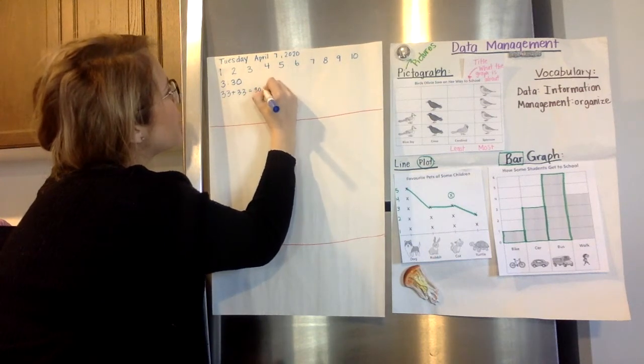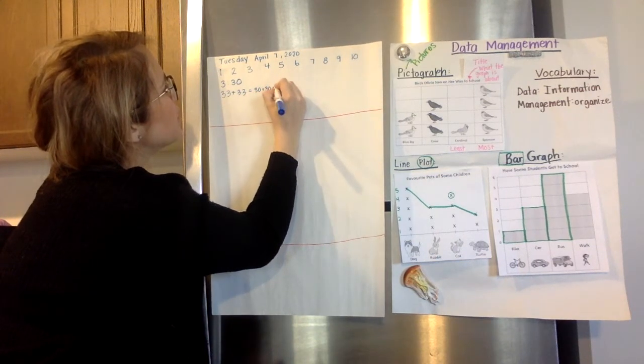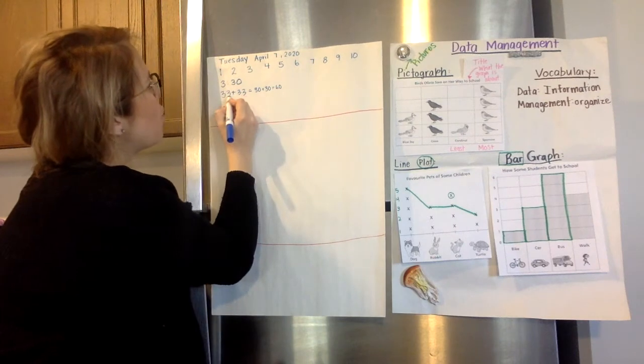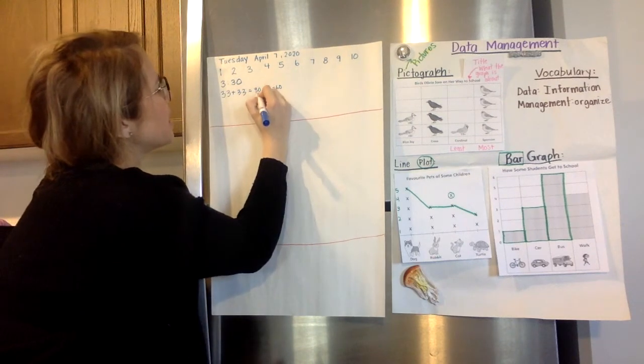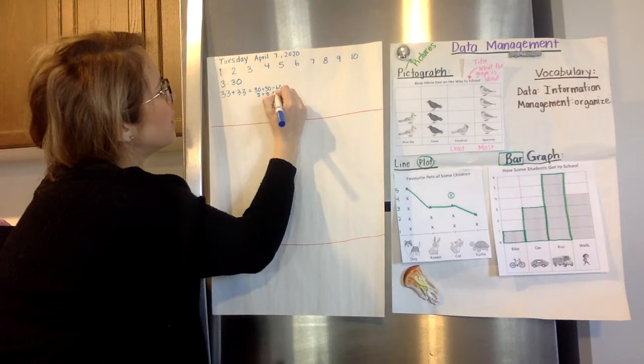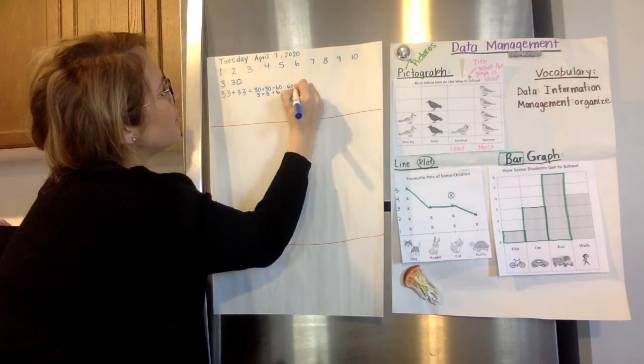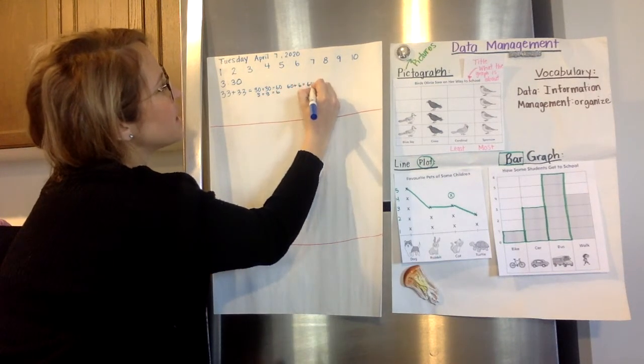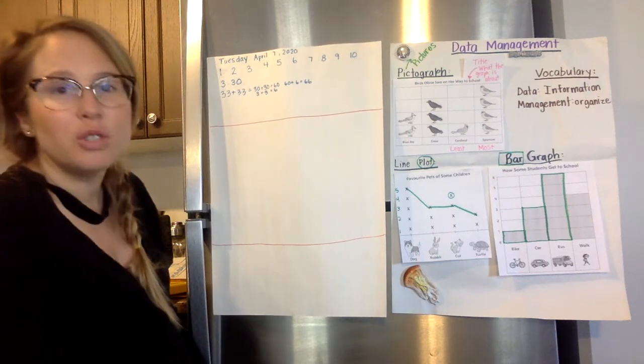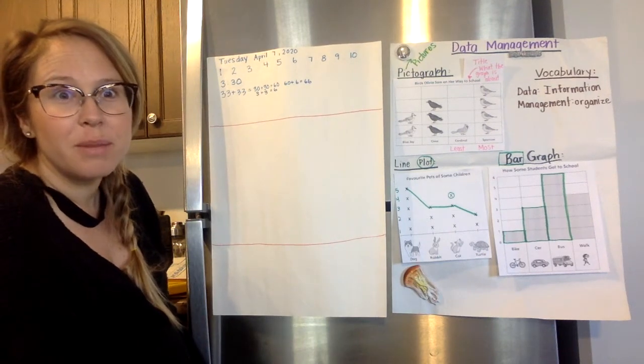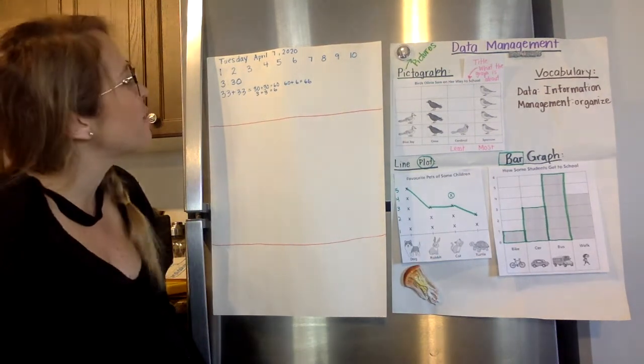So I'm going to write down 30 plus 30 equals 60. Then in the ones column, 3 plus 3 is 6. And 60 plus 6 equals 66. So I was able to add those 2 numbers up in my head really quickly because I was doing mental math and not using my fingers.